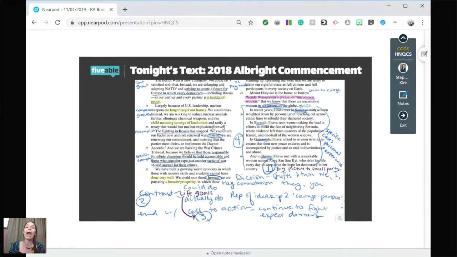So if you actually spend that time, that 8 to 12 minutes, reading and annotating the prompt, annotate it thoroughly, practice it on a regular basis so that when you roll up on that test, you're prepared and you're going to be able to quickly outline your speech or your response so that you can build it on the fly, okay?